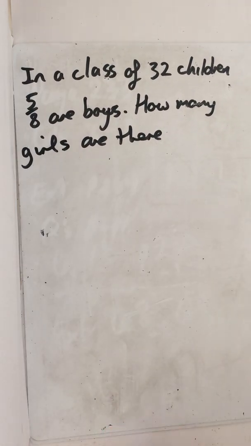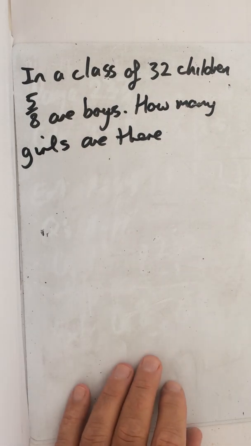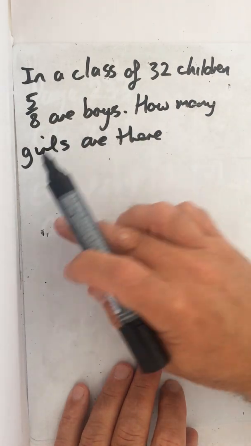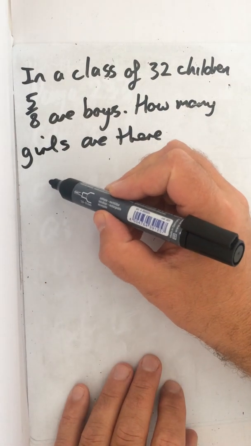It gets trickier again when we are dealing with word problems. I want us to make sure we do some of the word problems in the work today. So in a class of 32 children, 5/8 are boys. How many are girls? Let's find out how many are boys first of all.